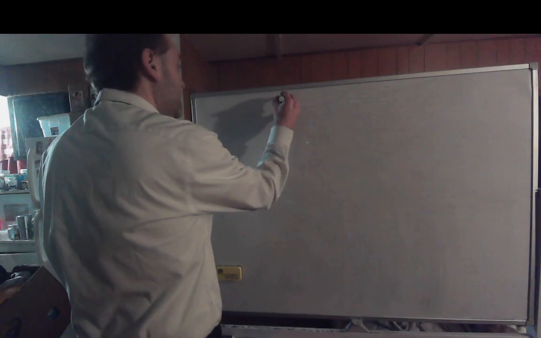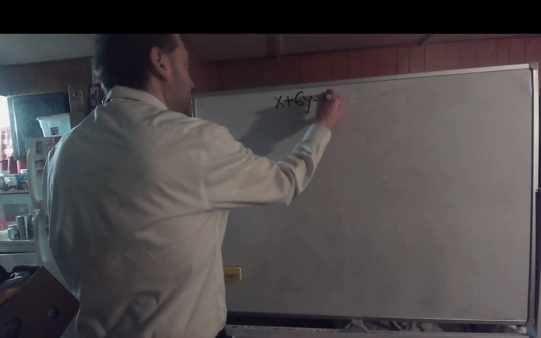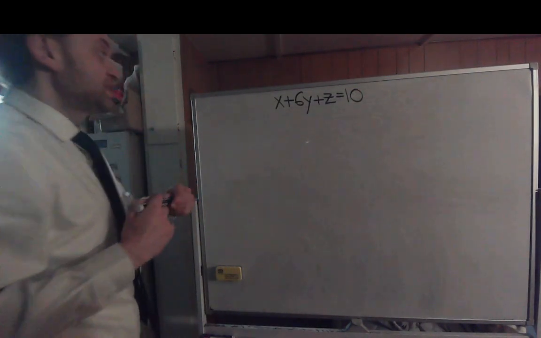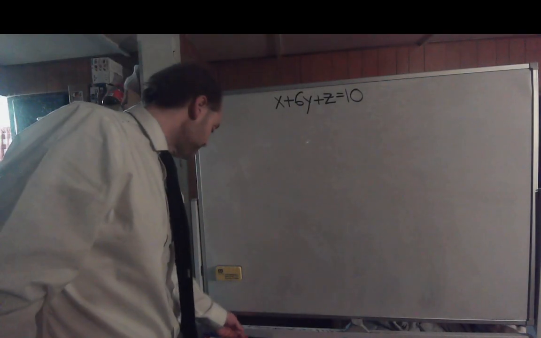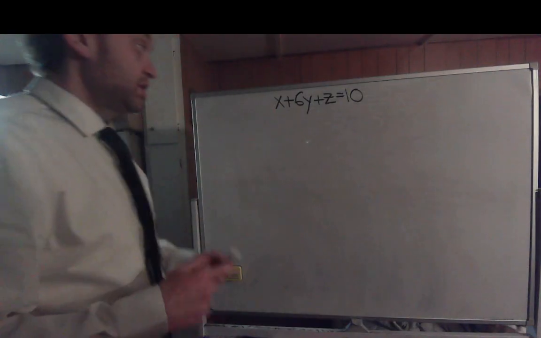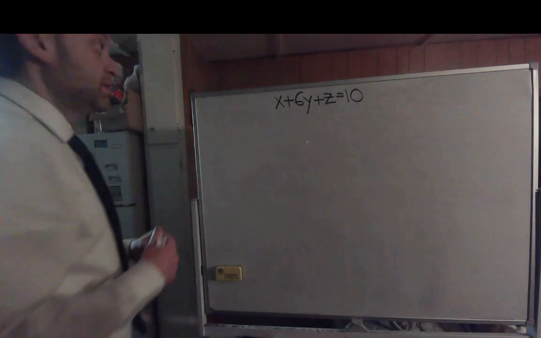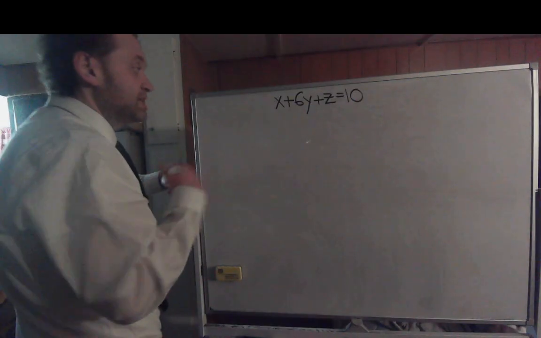Alright, this time we have x plus 6y plus z equals 10. So we got x plus 6y plus z is equal to 10. Well, first, let's solve for z and make the z a function of x, y, rather. Get the z by itself.